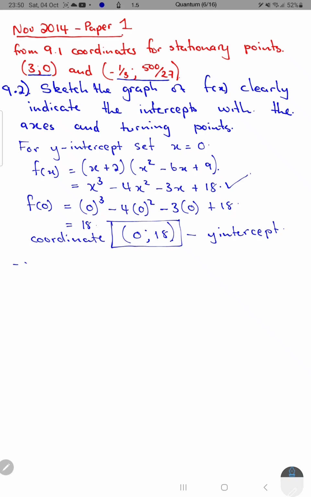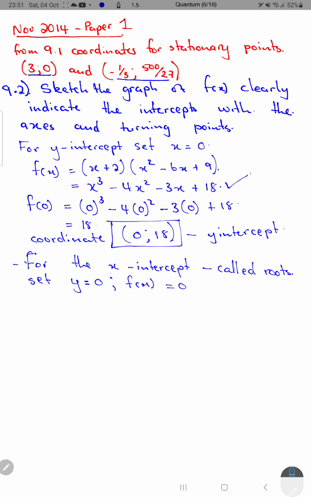Now, for us to get the x-intercepts, they are also called the roots of the graph. We set y equal to 0, or we can say f of x is equal to 0. Now we choose this one here for that.